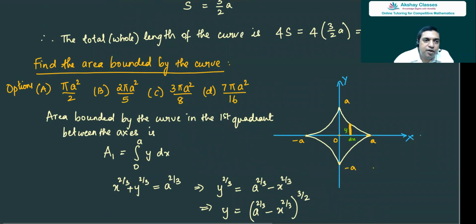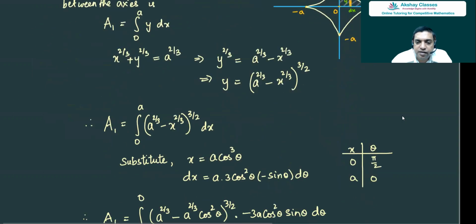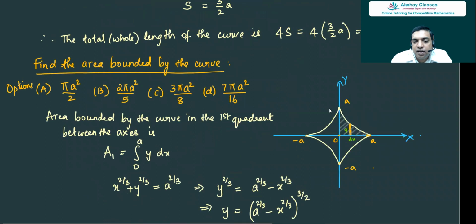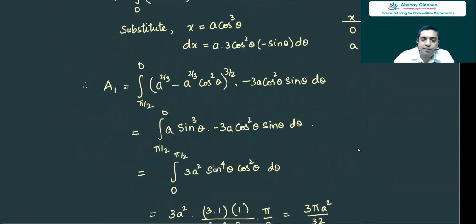So what we found by this integral is this area. So now the total area will be 4 times of this area, because the same reflection is there in the other 3 quadrants of the same area.